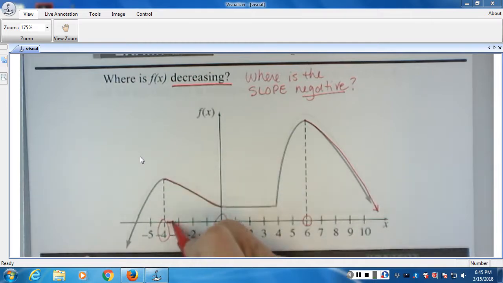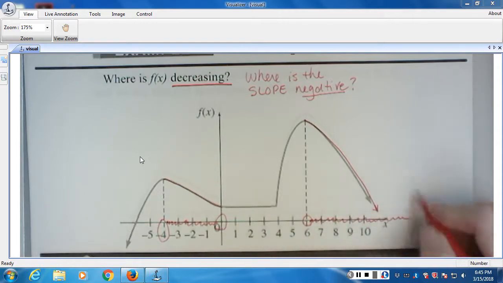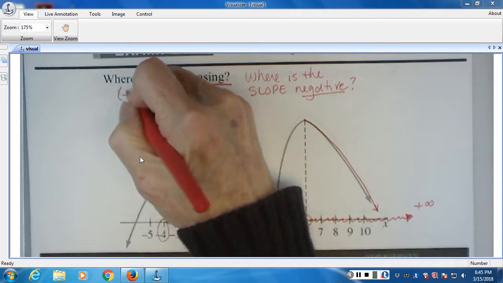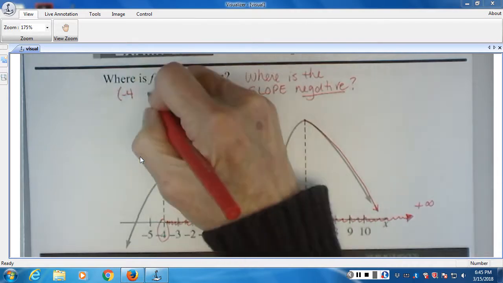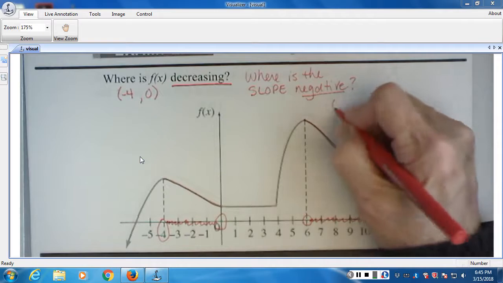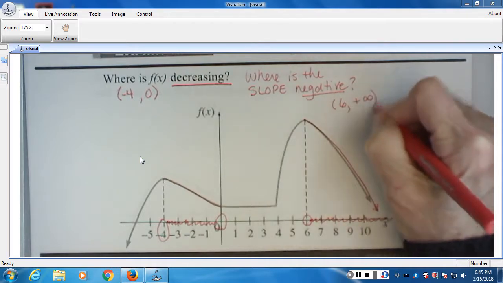So on this interval and on this interval, all the way up to +infinity, we say that it's decreasing on the interval from -4 to 0 and from 6 to +infinity.